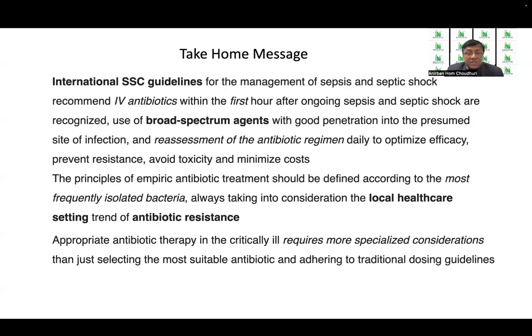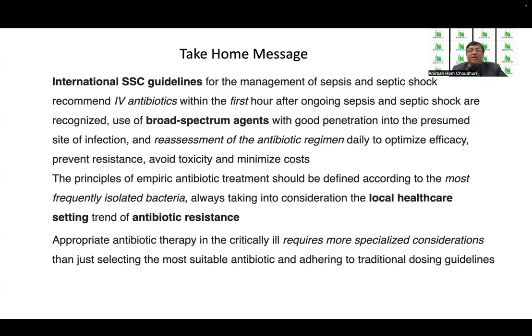So appropriate antibiotic therapy in the critically ill requires more specialized considerations than just selecting the most suitable antibiotic. As I told you, we need to understand our patient much better, more clinically, interpret the reports based on the clinical findings, and choose the antibiotics knowing our ICU environment, the sensitivities, the susceptibilities, the resistance pattern, what kind of organ dysfunction this particular patient has, and how quickly it is likely to progress.